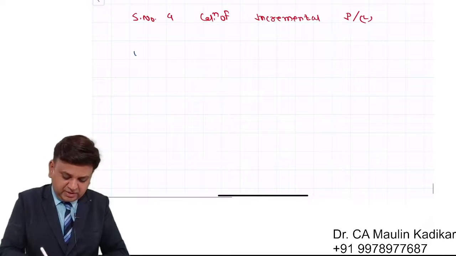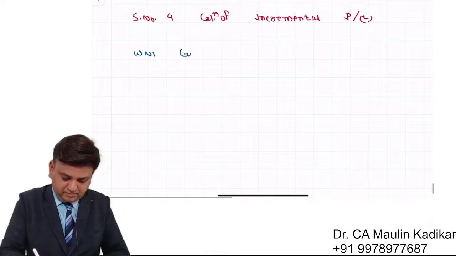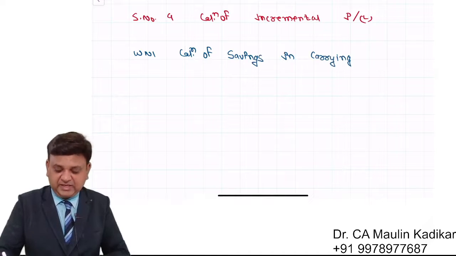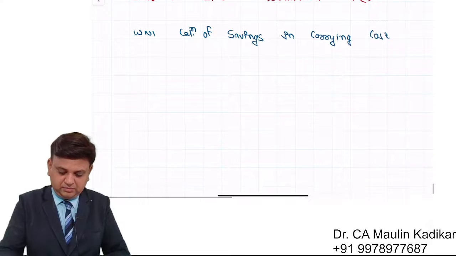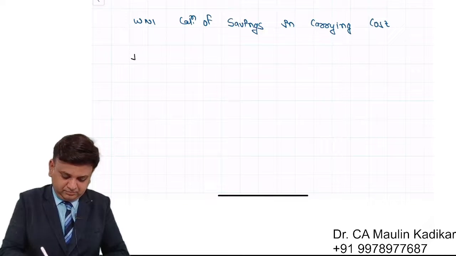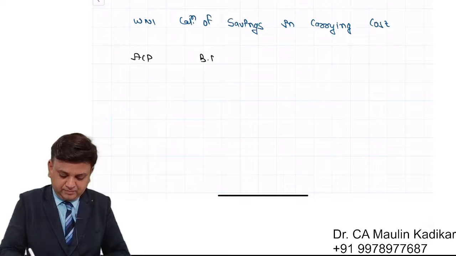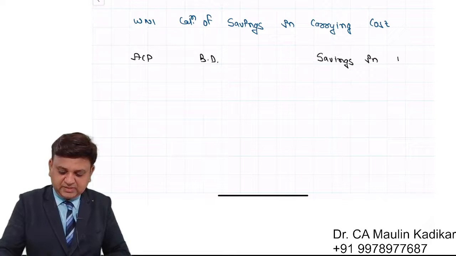In that write down working note number 1, calculation of savings in carrying cost. Average collection period, bad debts, savings in bad debts.